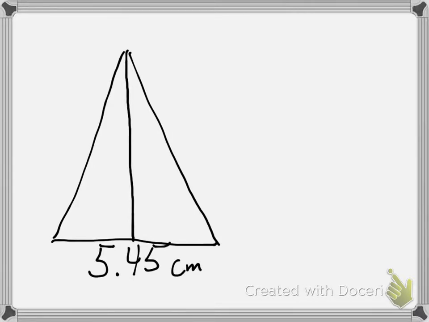And our height had a distance of, this is going to be hard to do. Let's say that the height of the triangle was 6.7520. So we need to figure out how many significant figures there are in both of our numbers.